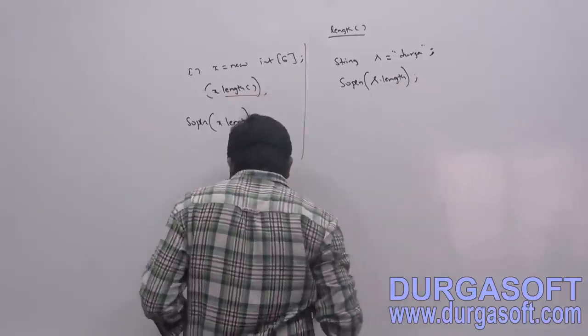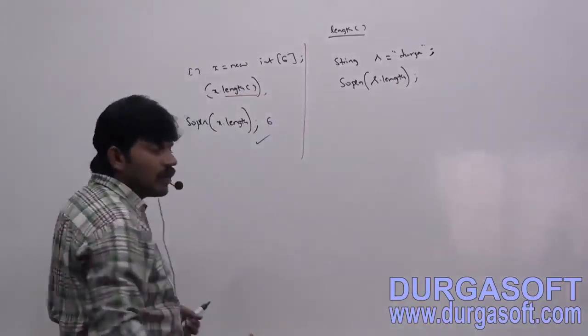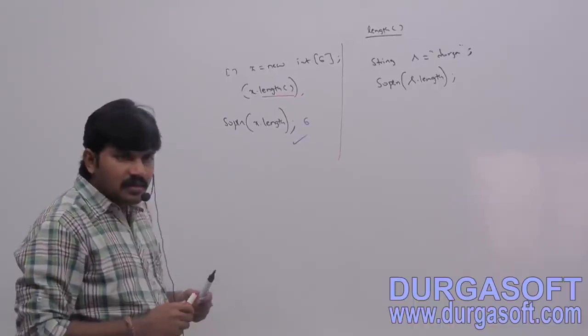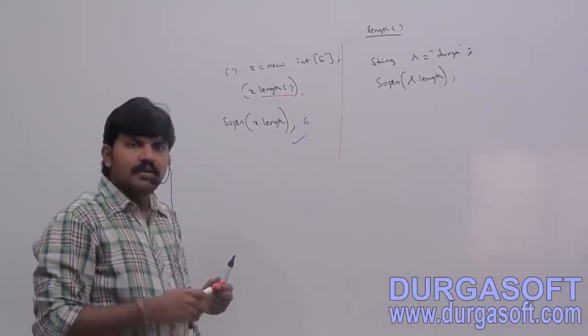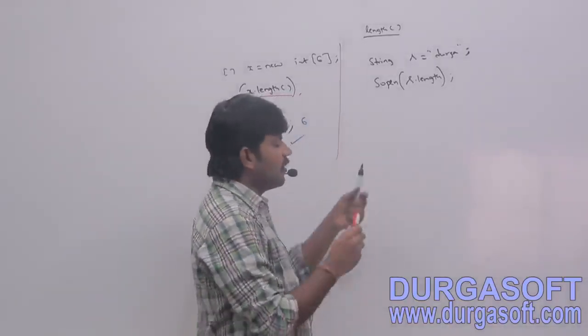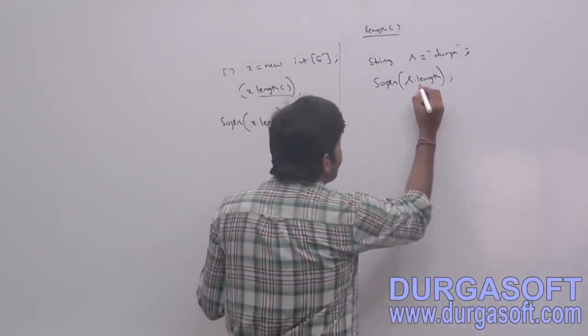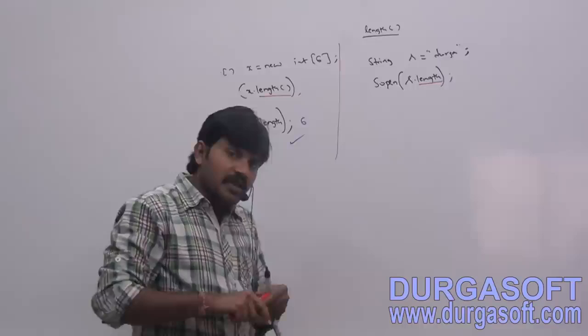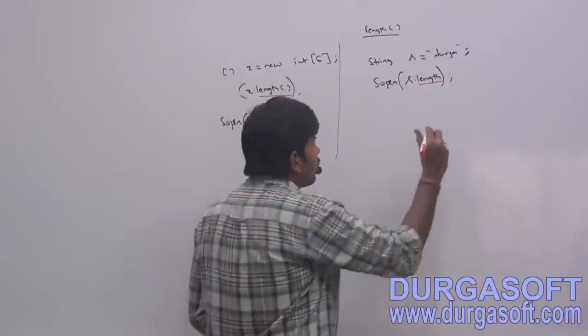Can you tell what the answer is? What is s.length? Don't think too much. Length variable is not applicable for String. Length method is applicable. Length variable is not applicable.